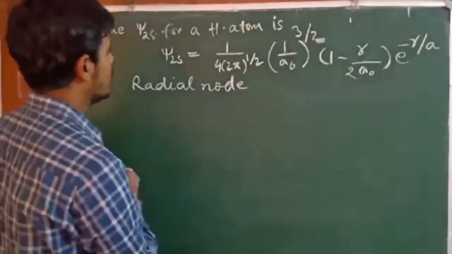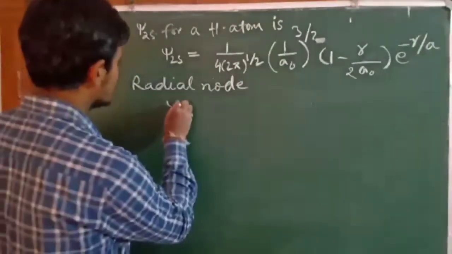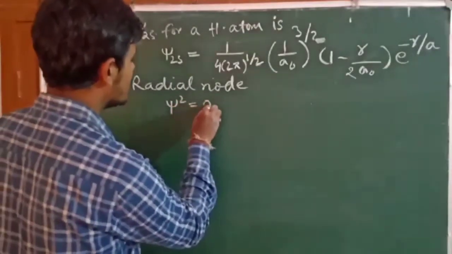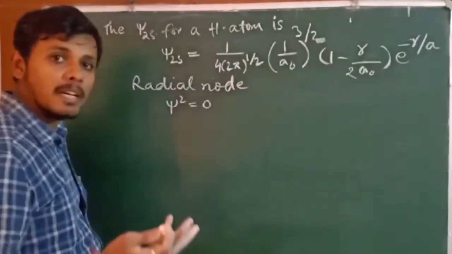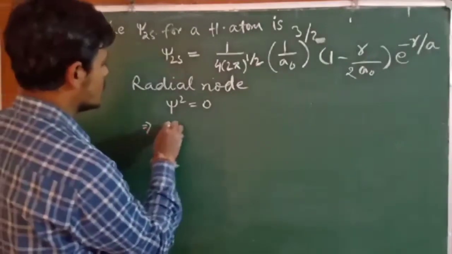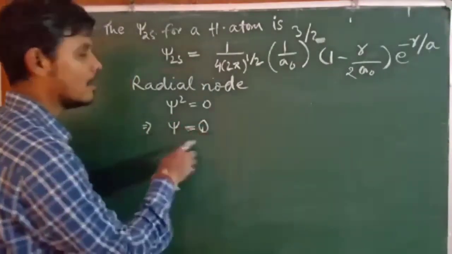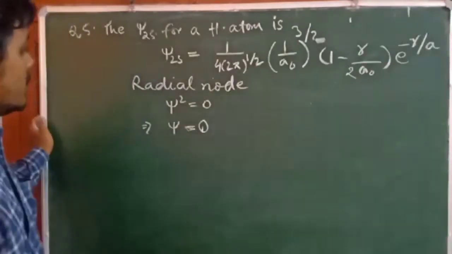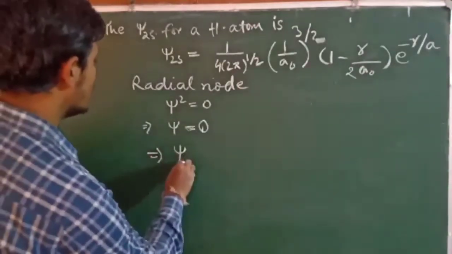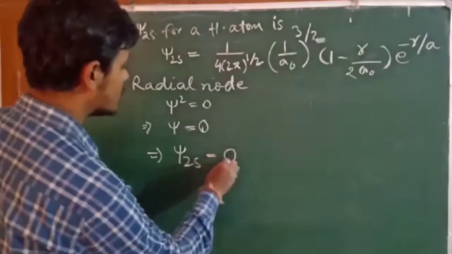That means at the radial node, psi square will be 0. So if psi square is 0, psi will also be 0. That means psi 2s will also be equal to 0.